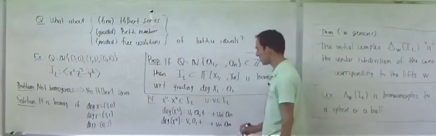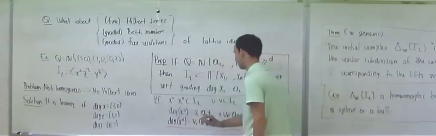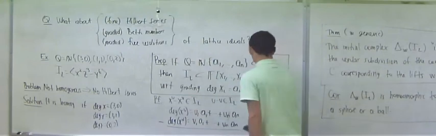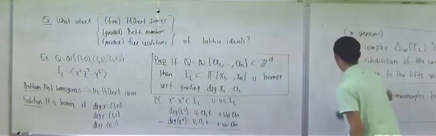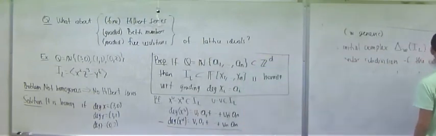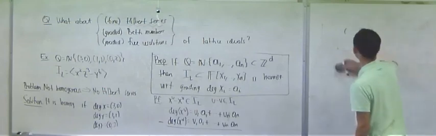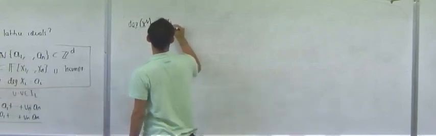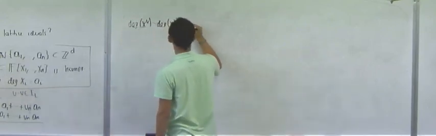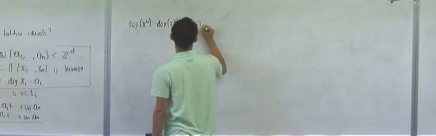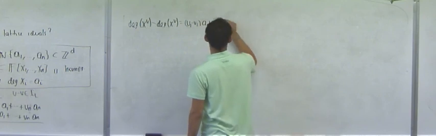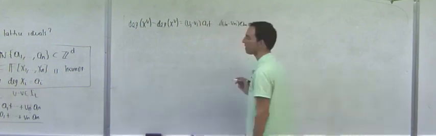The way that I do that is that if I subtract them, then the degree of x^u minus the degree of x^v is going to be (u1 minus v1) times a1 plus etc. plus (un minus vn) a_n.